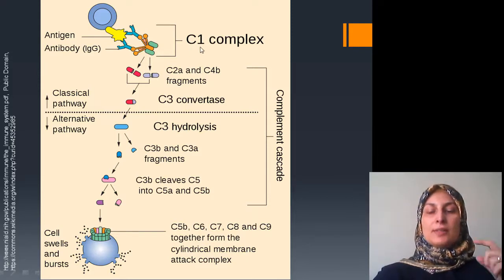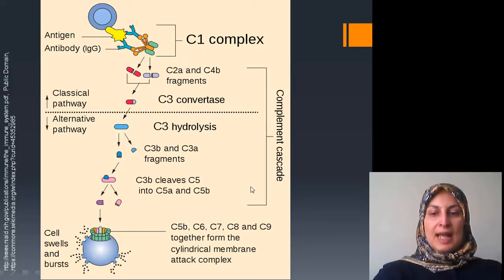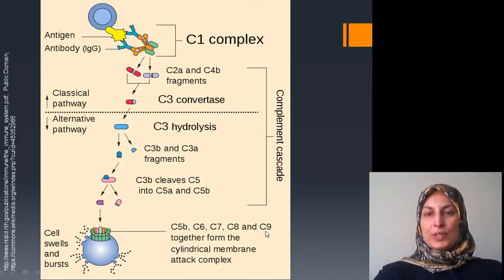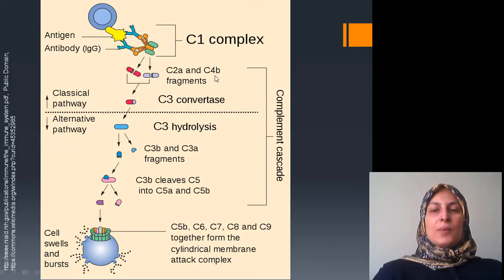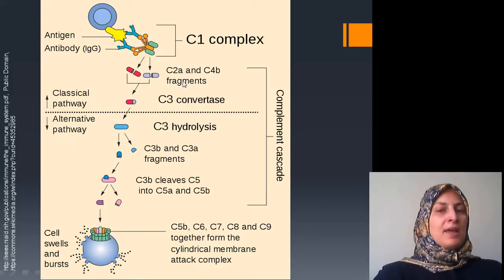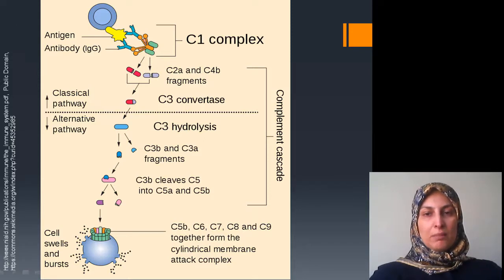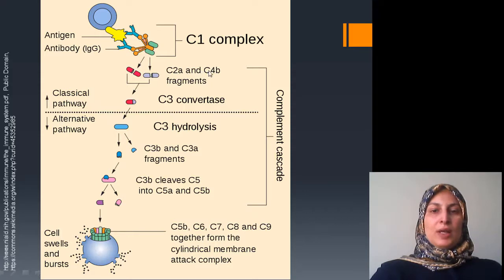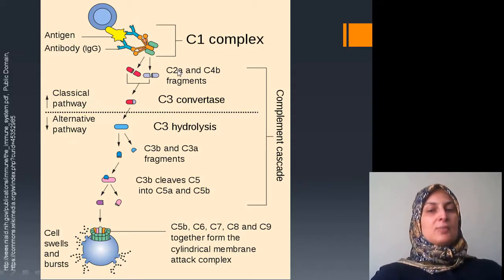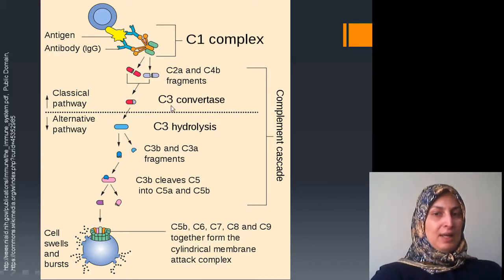So C1 is the first protein that was discovered, and C9 is the ninth protein that was discovered. So when we study the complement cascade, things do not go in order. For example, in the classical pathway, it starts with the C1 complex, but then we have the C4 and C2 that bind together, and this complex is responsible for activating the C3. So things are not in order.